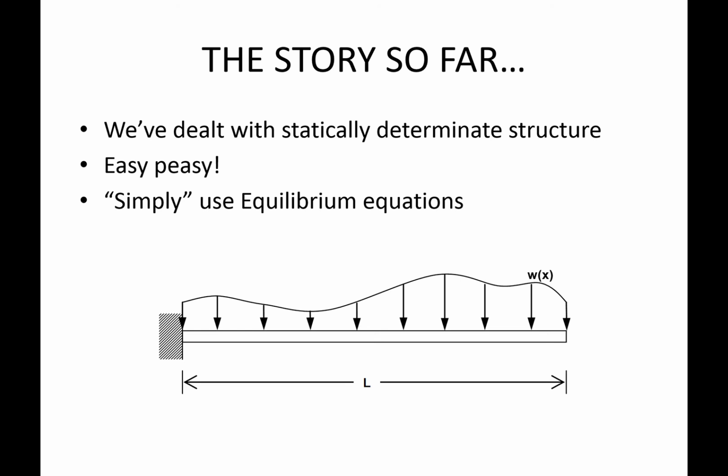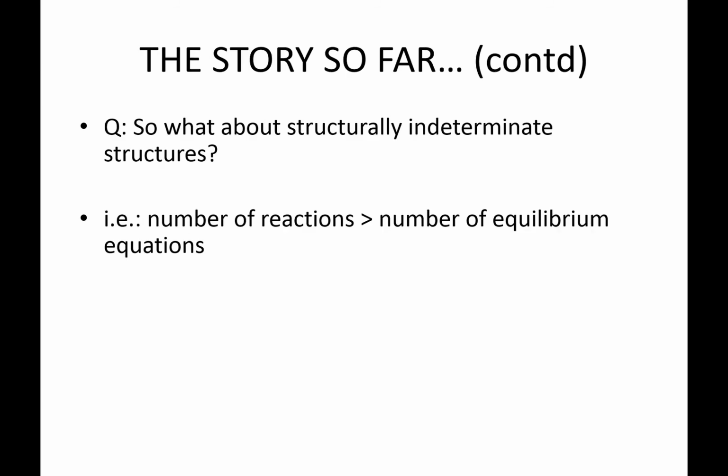Along its span L, it has any type of load. Well, the reactions are as shown, three reactions. We have three equations of equilibrium, and therefore we can find those reactions no problem. The idea behind static equilibrium is that we have as many equations of equilibrium as we do reactions.